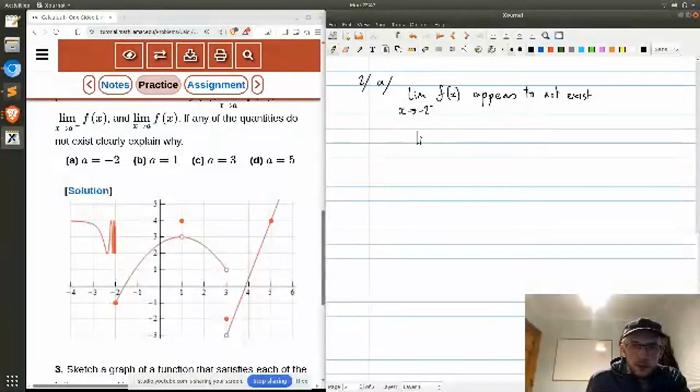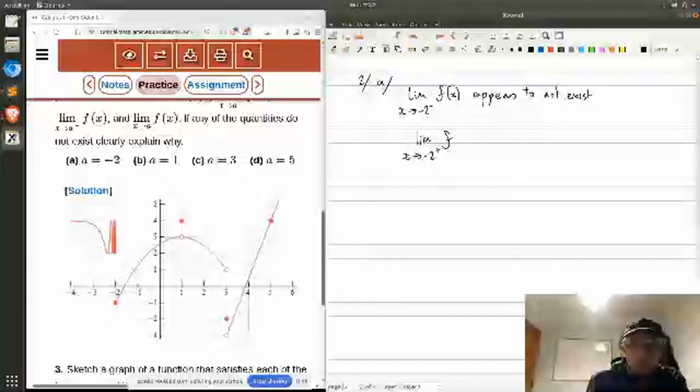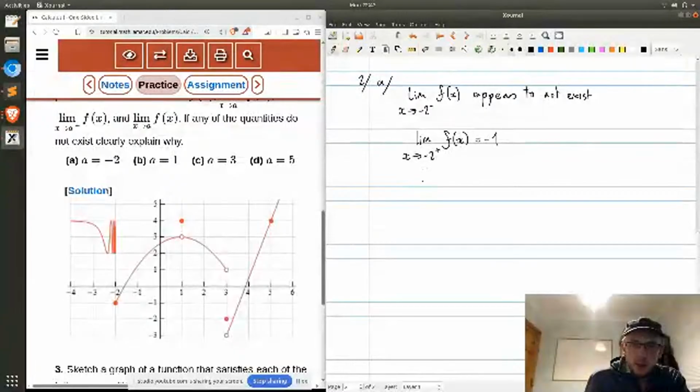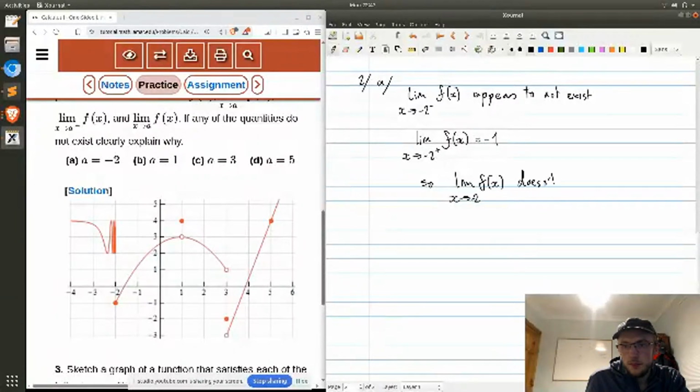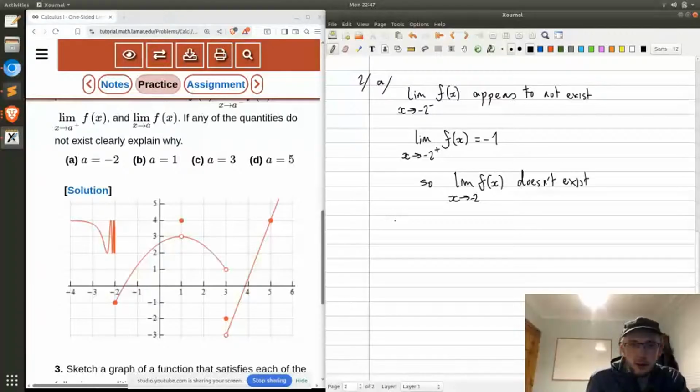Now, as you approach it from the right, we get the nice -1. So the limit doesn't exist because they have to agree.